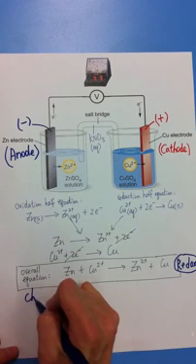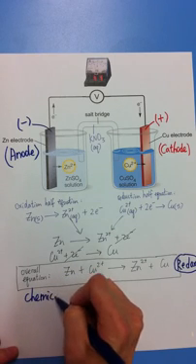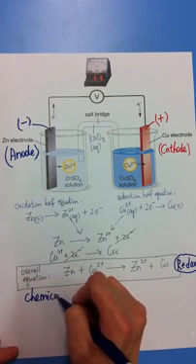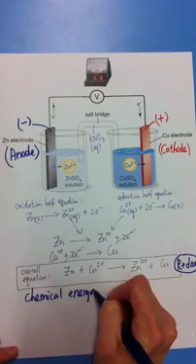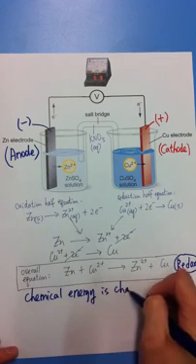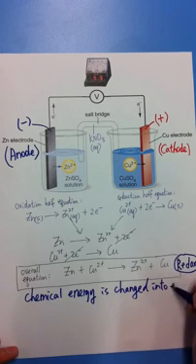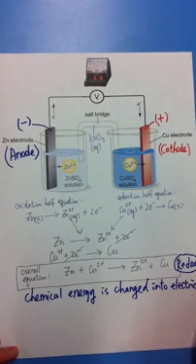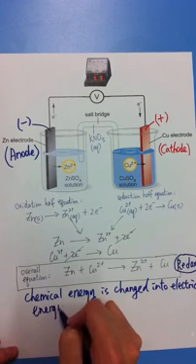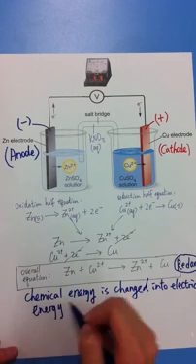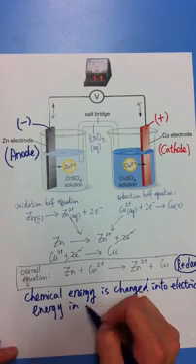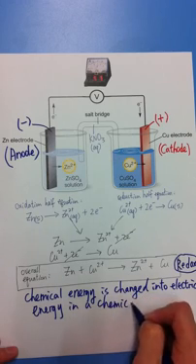So in conclusion, chemical energy is changed into electrical energy in a chemical cell.